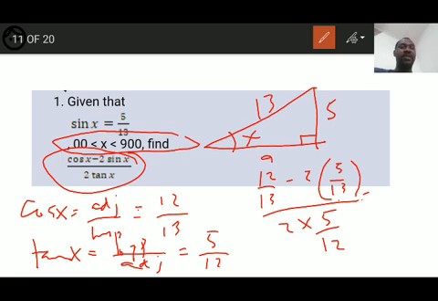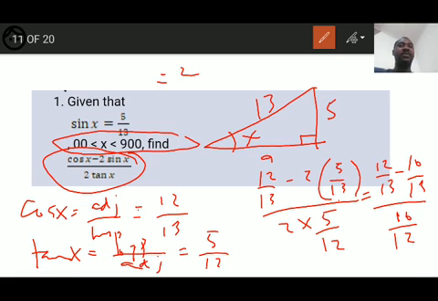So that will now give us 12 over 13 minus 2 times 5, here is 10, so 10 over 13, divided by 10 over 12. Now if we find the LCM there, 12 over 13 minus 10 over 13 is going to give us 2 over 13.